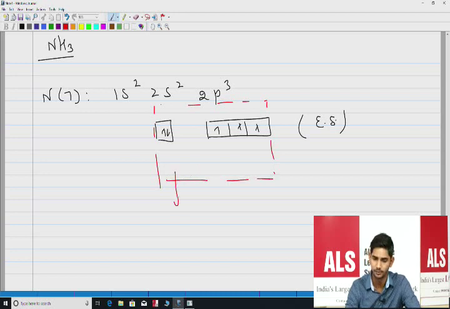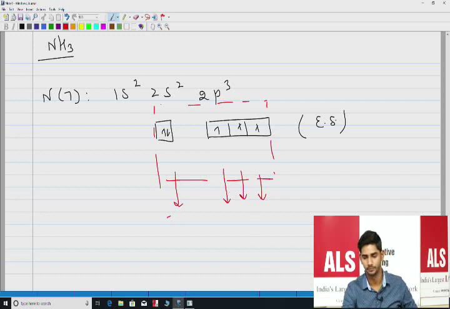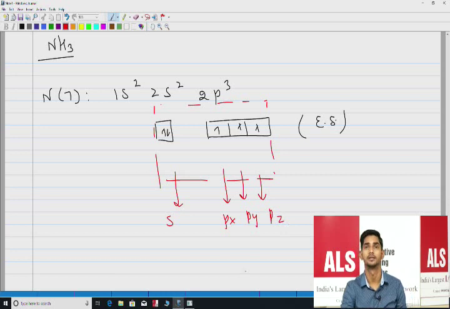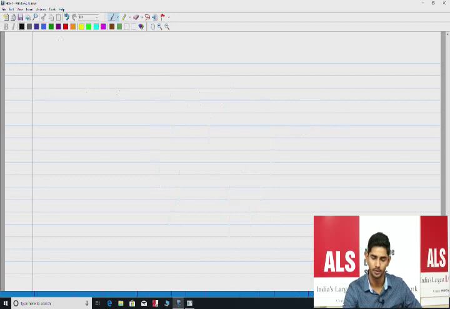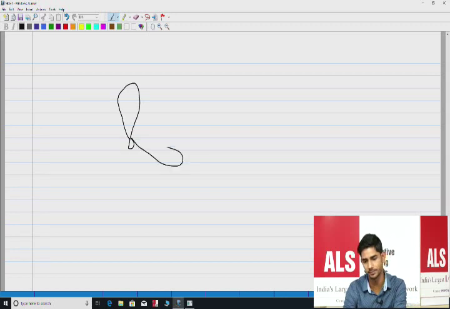That's why sp3, this is s, px, py, pz. This one is also known as sp3. First of all, I'll make the same arrangement for the sp3.